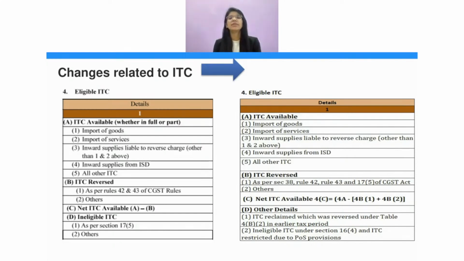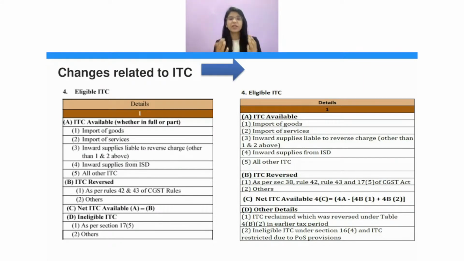But now there is a major change. Here the government is saying that this is an ITC which is coming in your GSTR-2B as an ITC available, so you should first show this under 4A5. After showing it under 4A5, we understand that you are not allowed to claim that ITC, so you reverse the entire ITC under 4B1, which is a permanent reversal.